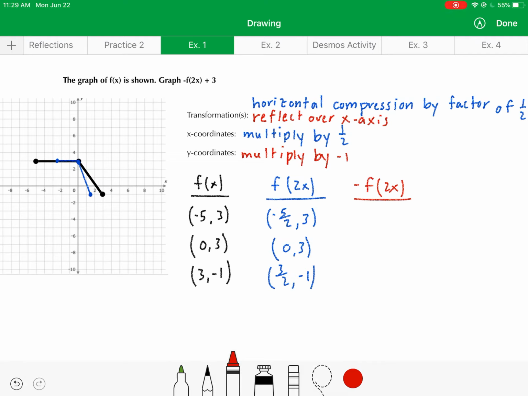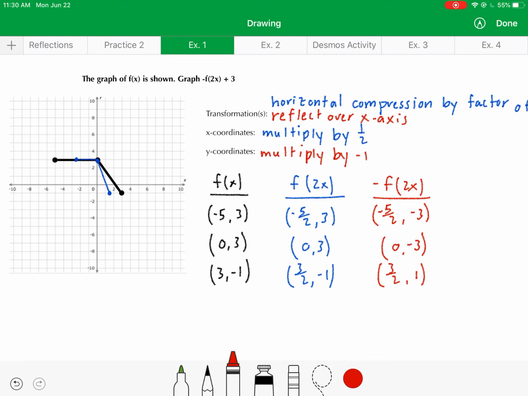So take all of the points that are in blue, take their y coordinates, and change their signs. Okay, plot those. And this is now the graph. Think of it as the blue curve having been reflected over the x-axis that you now see in red.